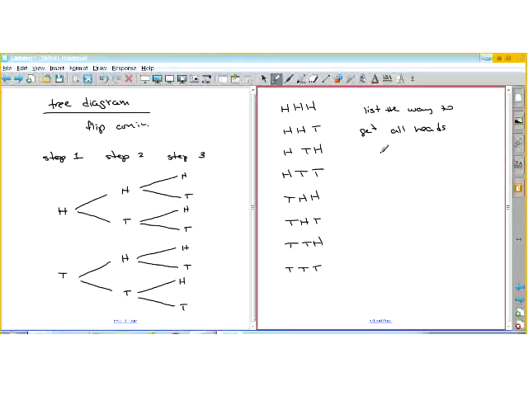Well, that's pretty easy because there's only one case where you have all heads. I might ask you, list the ways to get exactly one head.